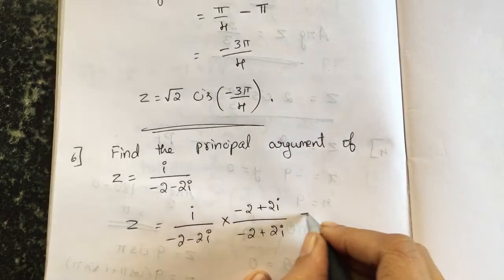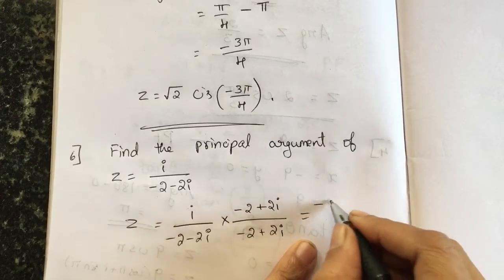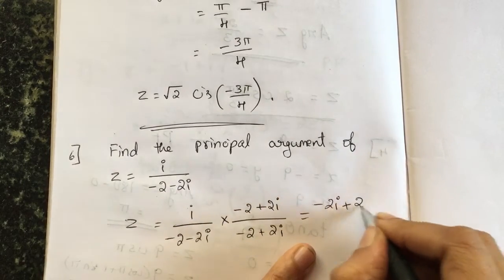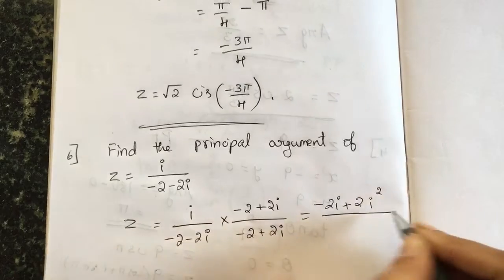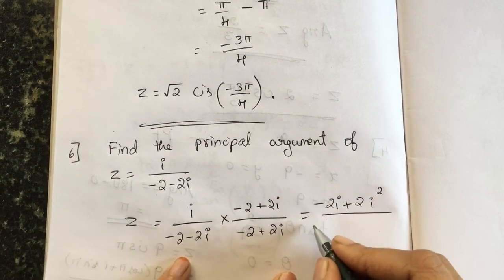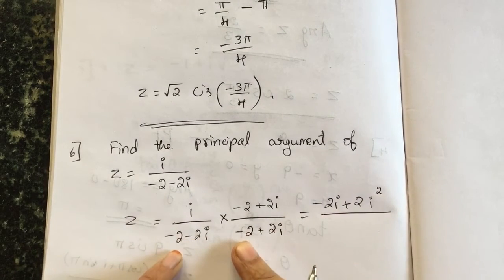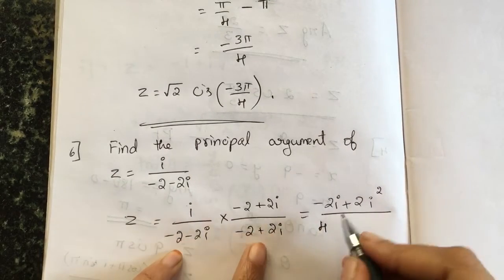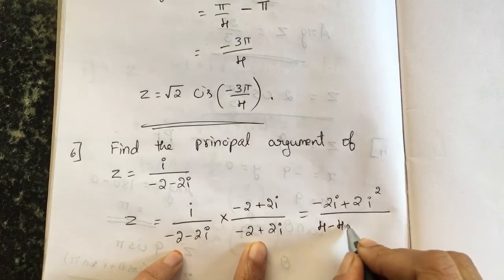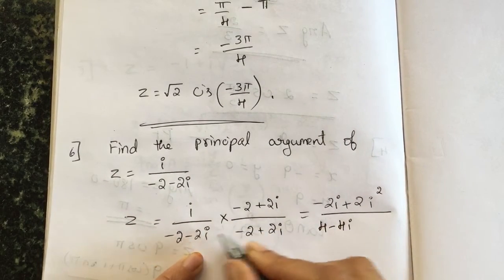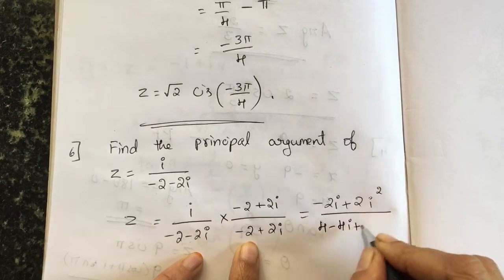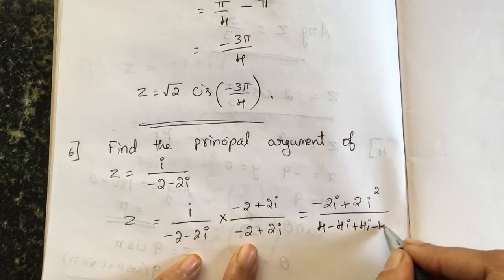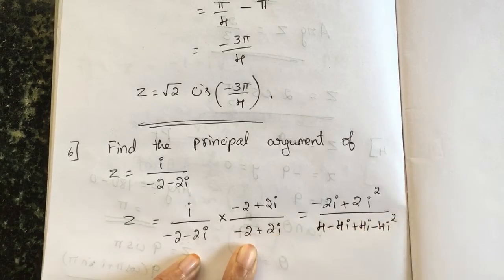So this will be minus 2i and plus 2i square, divided by minus 2 into minus 2 will be 4, and minus 4i, this is again plus 4i and minus 4i square.